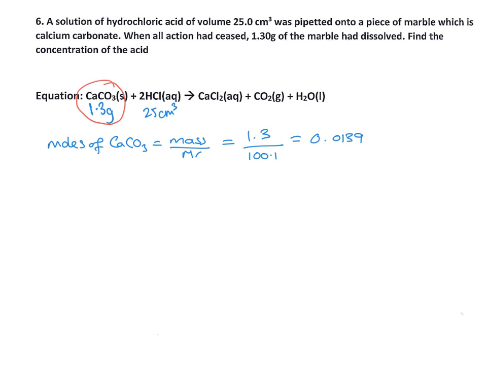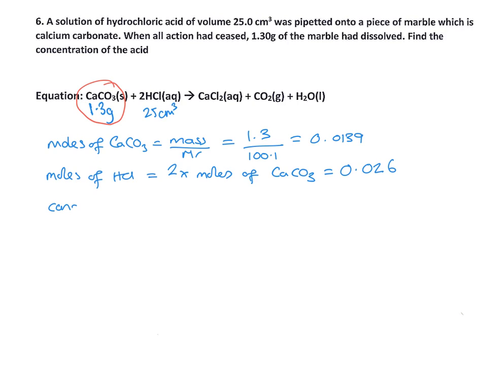From the question, the mole ratio is 1 to 2. So that means that the moles of hydrochloric acid are going to be equal to 2 times the moles of calcium carbonate, which is 0.026.